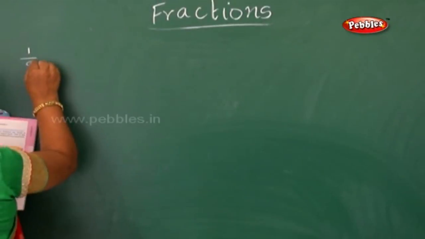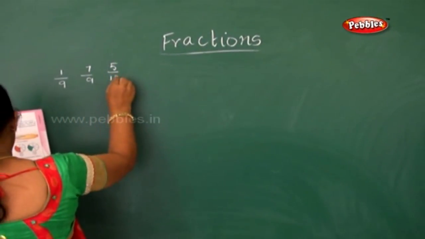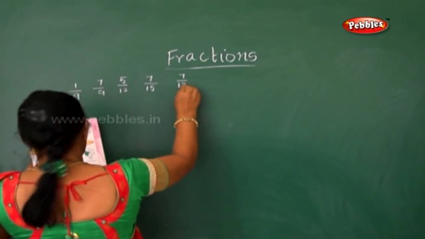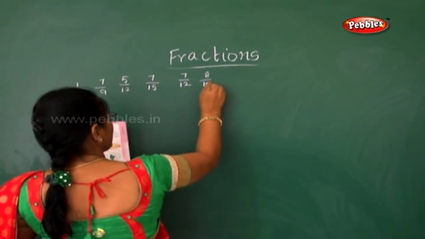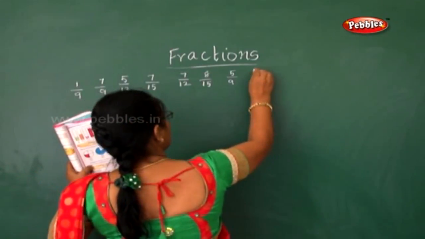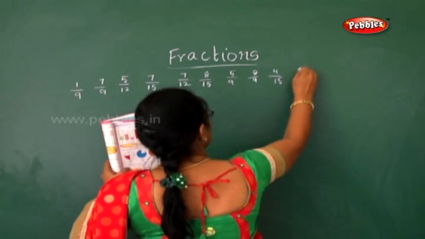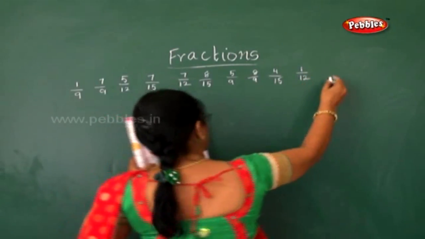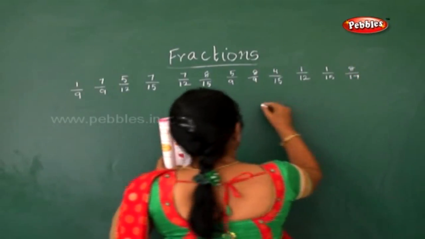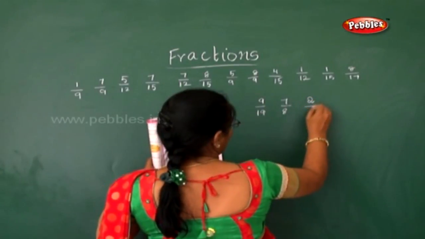See, 1 by 9, 7 by 9, 5 by 12, 7 by 15, 7 by 12, 8 by 15, 5 by 9, 8 by 9, 4 by 15, 1 by 12, 1 by 15, 8 by 17, 9 by 19, 7 by 8 and 2 by 5.